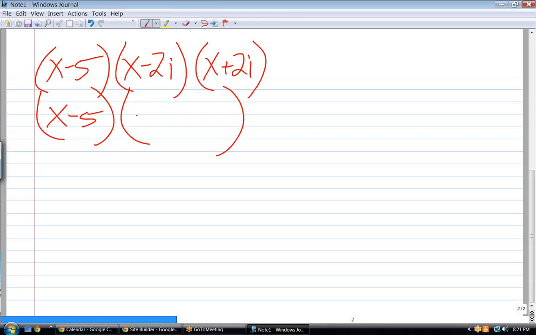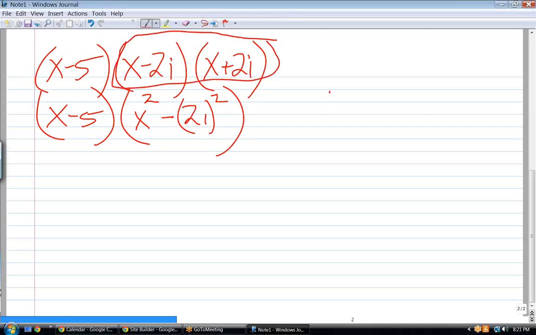So, by difference of squares, I mean our answer is going to be this when we multiply them together. You see why? Just using the philosophy of difference of squares.